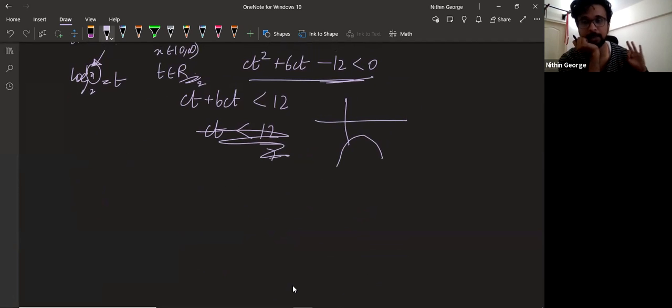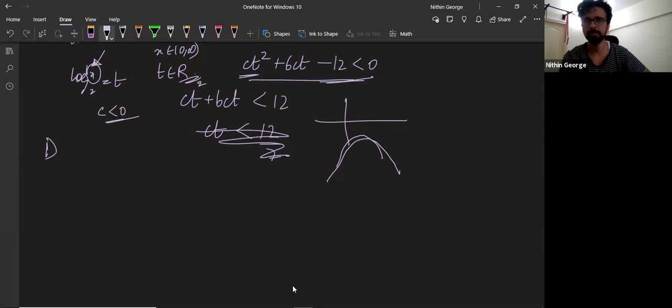Guys, this technique is very important and very useful. It was taught in the beginning. Can't believe you guys are not applying it. So ct squared plus 6ct minus 12 less than 0 means you will get a curve which is strictly under the x-axis. For such a curve, first you have to say that c is less than 0, a downward facing parabola.